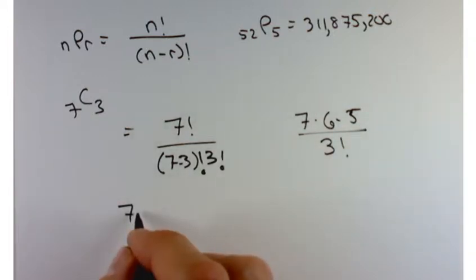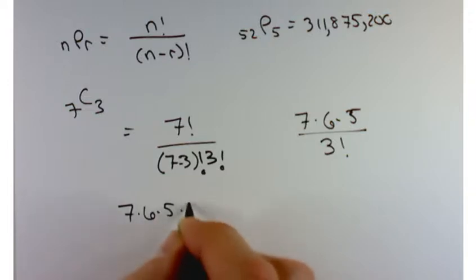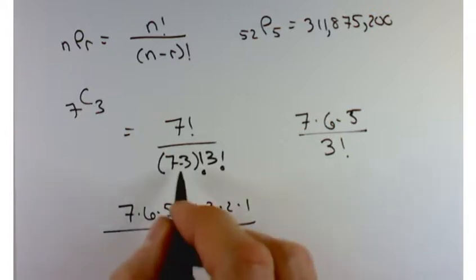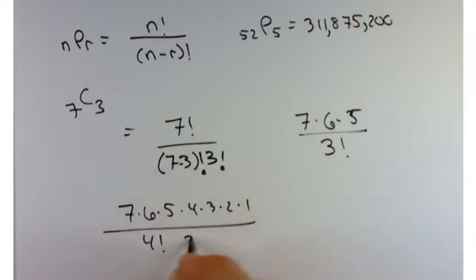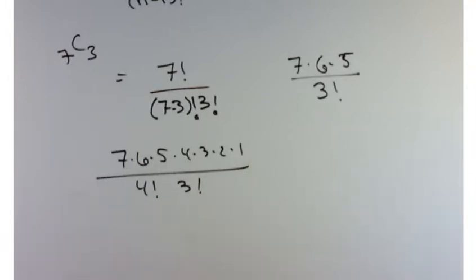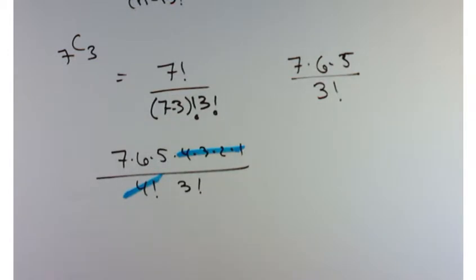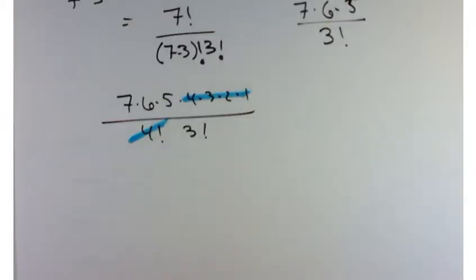So 7 factorial is 7 times 6 times 5 times 4 times 3 times 2 times 1. This is your 4 factorial, and then the 3 factorial. So that part cancels out. So you're right. This is the number of different ways you can arrange those 4 objects, so that's why that little piece is getting canceled out. So thanks for the question.